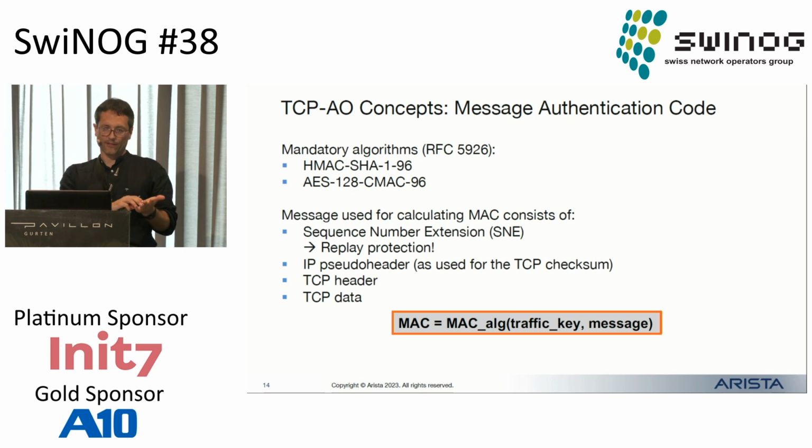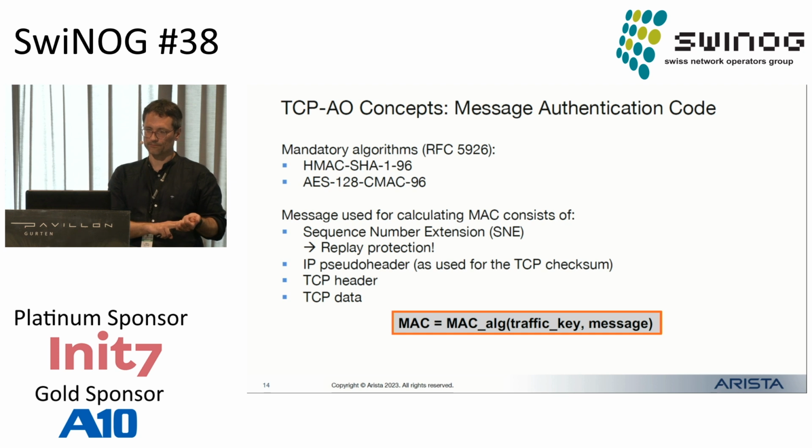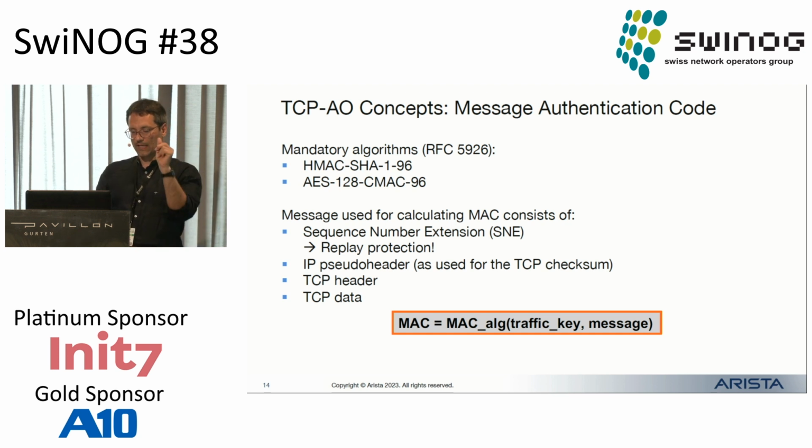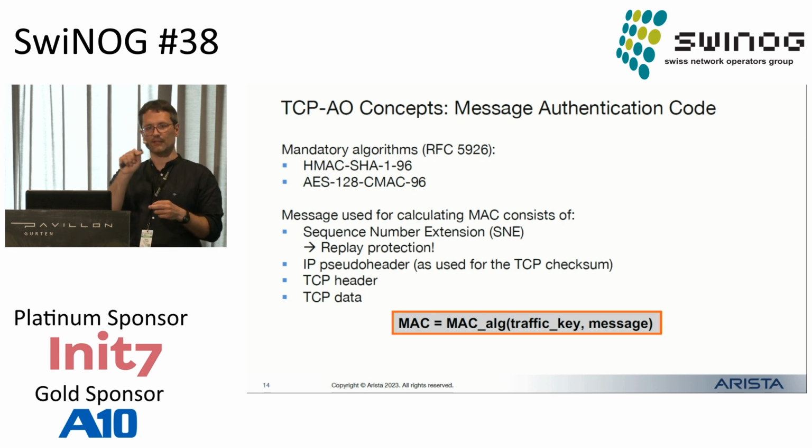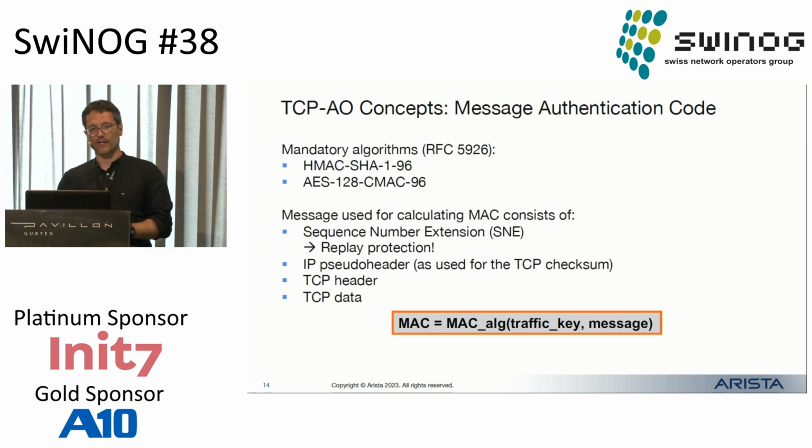So again, here we have two algorithms that are mandated by the respective RFC. And we use these algorithms to calculate the secured hash while using this key, an IP pseudo-header, because you don't want to have stuff like TTL, which changes, in the calculation, the TCP header, and of course the data.